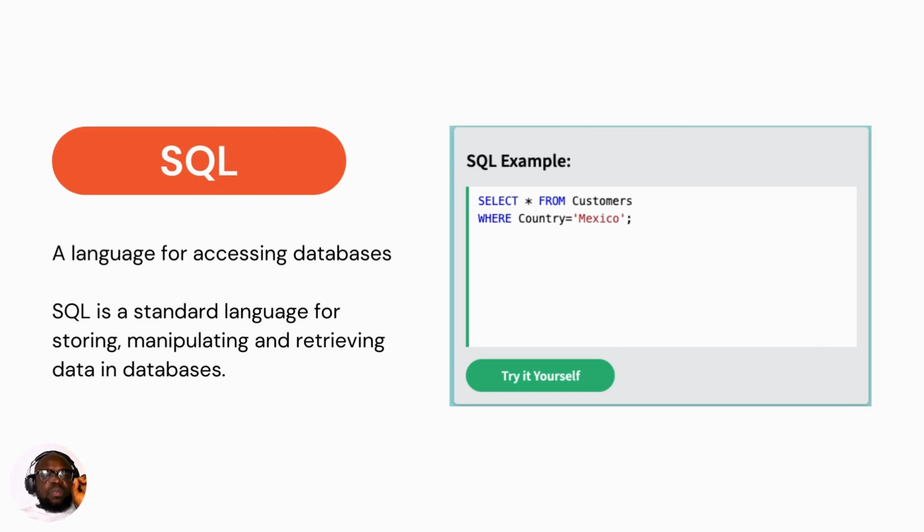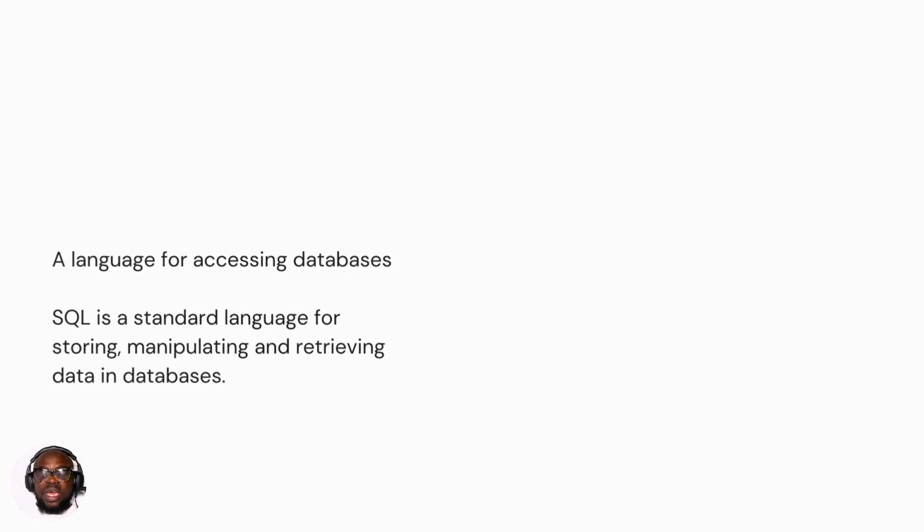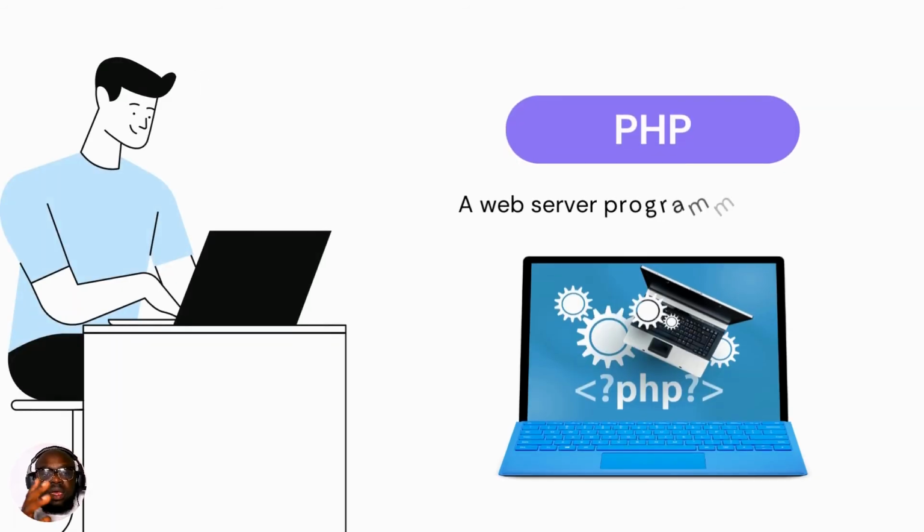Now we move on to something officially called back end. Everything we've been doing is kind of like the front end, while SQL is like the middleman. Then we have PHP, which is a language for the web server. Everything you are doing on the front end sometimes needs to communicate with the back end in order to manipulate data and present that data back to you.